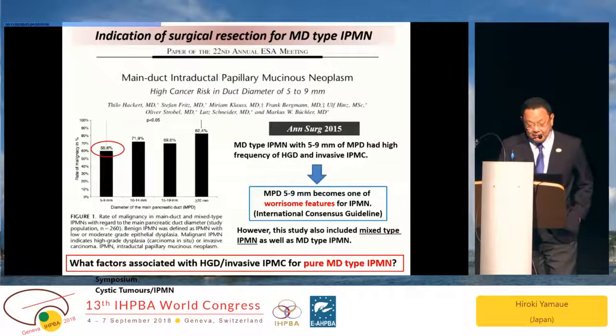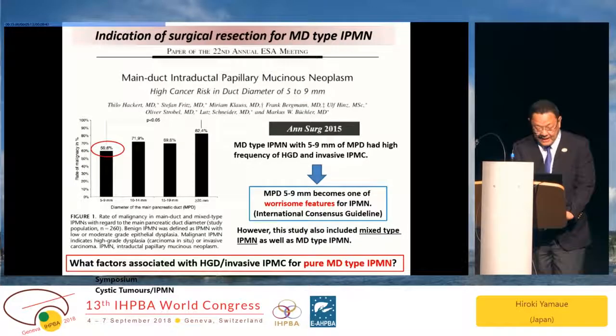And what is the indication of surgical resection for main duct type IPMN? This paper clearly shows that even with a main duct size of 5 to 9 millimeters, the incidence of high-grade dysplasia and invasive IPMC is almost 60%.